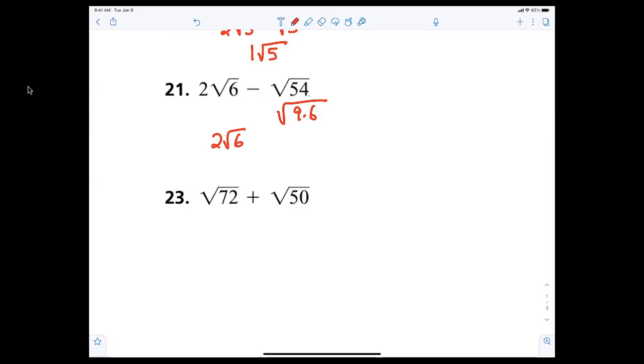What is that? What does this break down to? What? 3 what? Yeah. 3 radical 6, Connor.